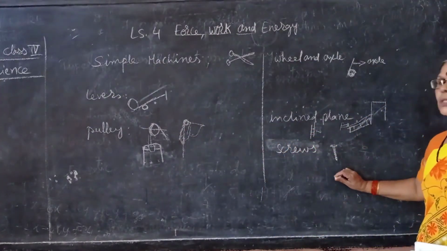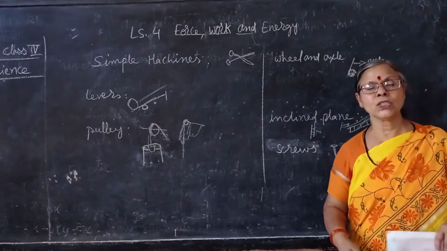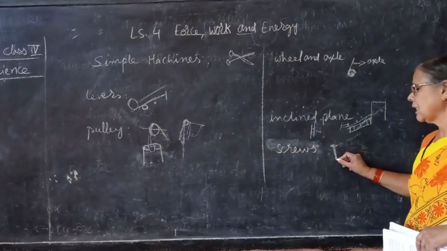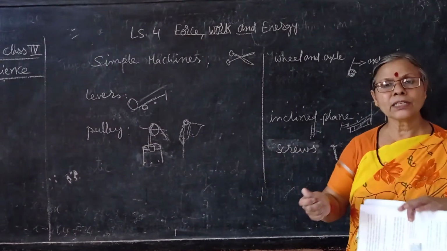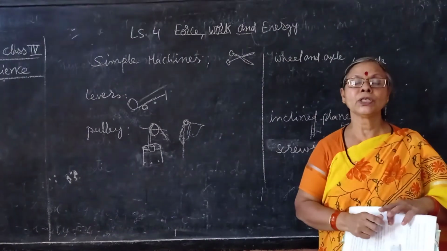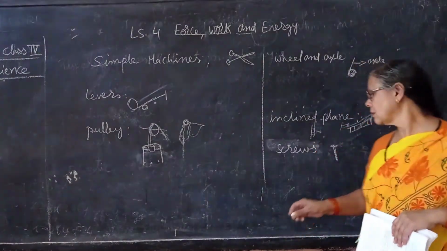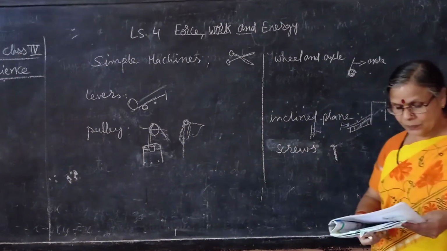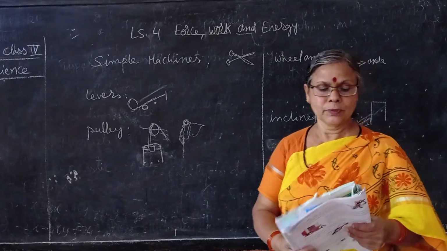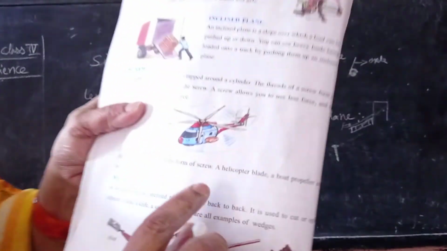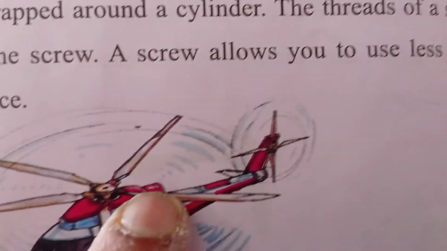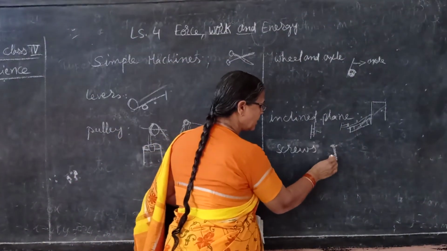Then coming to this, screws are the ones which can join things together. It is grooved, so it can be fixed to join the two objects together. On screws, you can find the threads also. It can be movable sometimes. Here you can see a screw is an inclined plane wrapped around a cylinder. You can see this here.